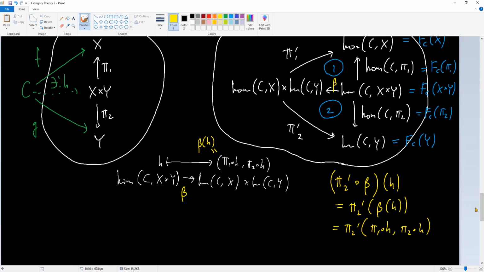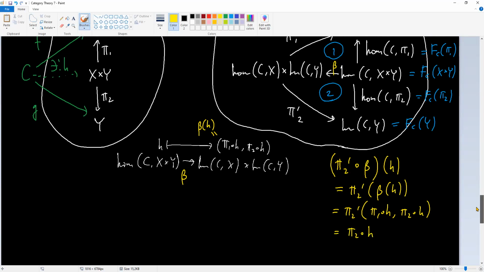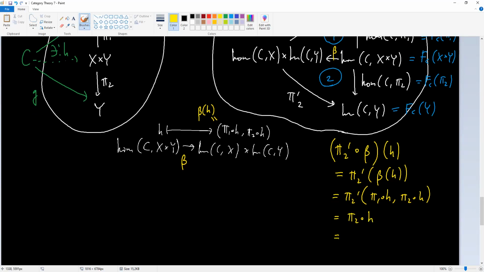Now, what is pi 2 prime? Pi 2 prime is a projection of the Cartesian product. It will take a pair of elements of the two sets and map it to the second component. So it's equal to pi 2 composed with h. But what is pi 2 composed with h? Pi 2 composed with h, I claim, is exactly C pi 2 applied to h.